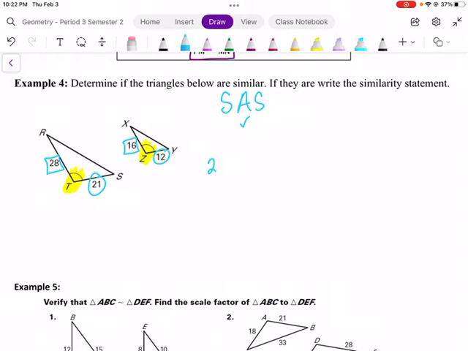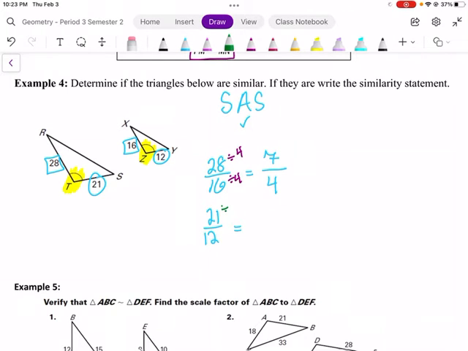To check this one, I can do 28 over 16. And these are both divisible by 4. So 28 divided by 4 would be 7, and 16 divided by 4 would be 4. Then we'll do the same thing with our circle side. So we can do 21 over 12.